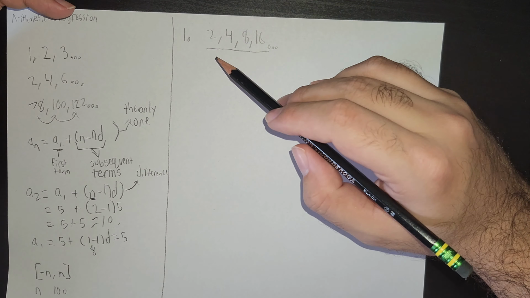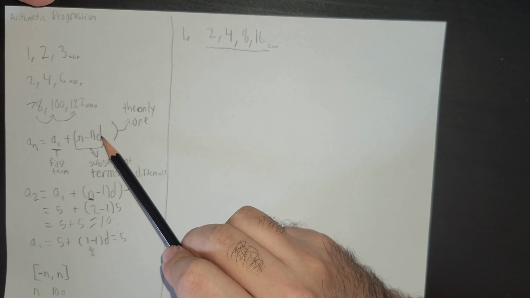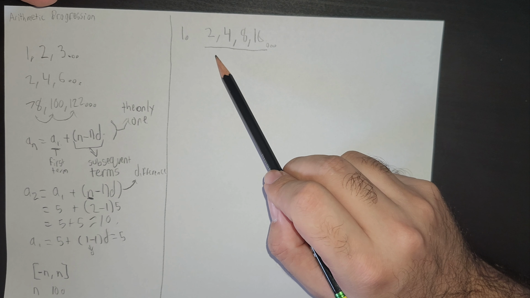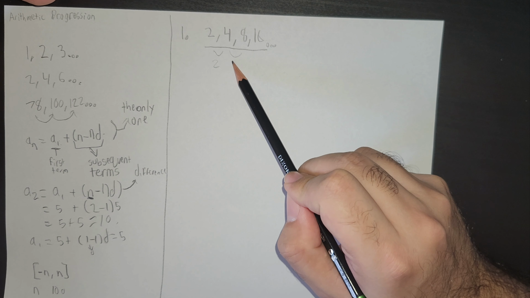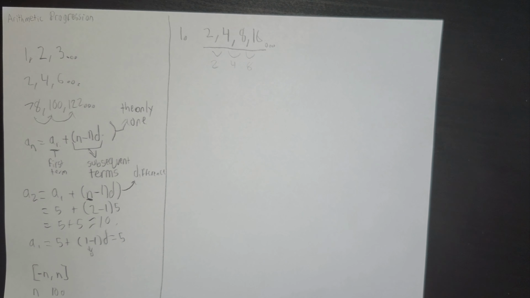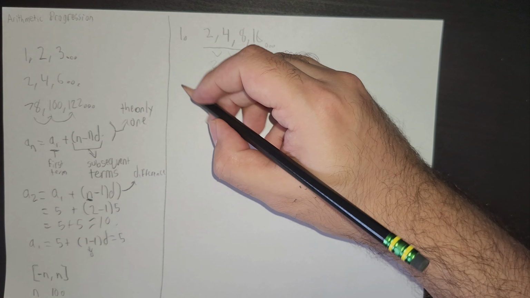Now, this is not an arithmetic progression because each step should be d. So here we have a difference of 2. Here we have a difference of 4. Here we have a difference of 8. Right. So this is not an arithmetic progression.